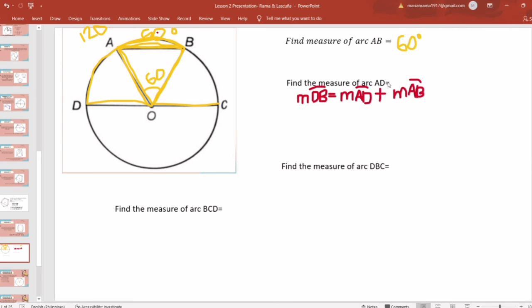So as we know, DB is 120, equal to AD, which is our unknown, plus the measure of arc AB, which is 60. Then we have to find AD.